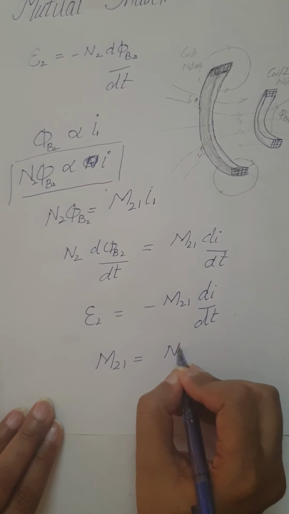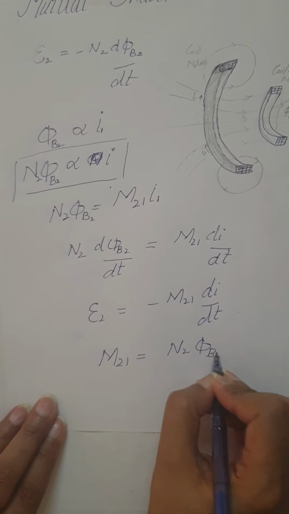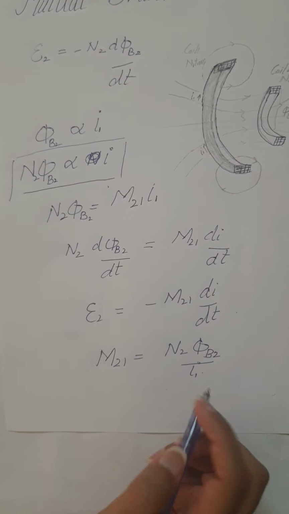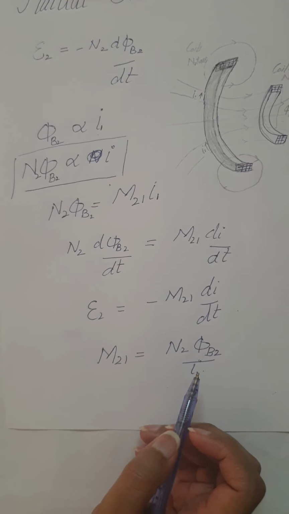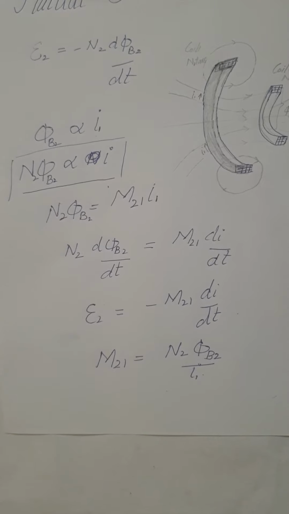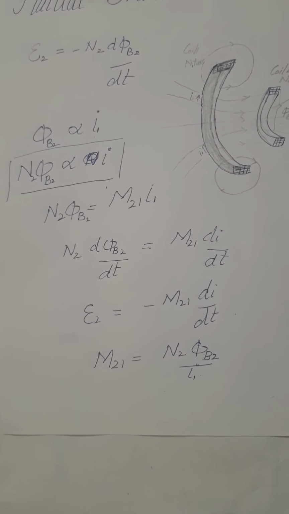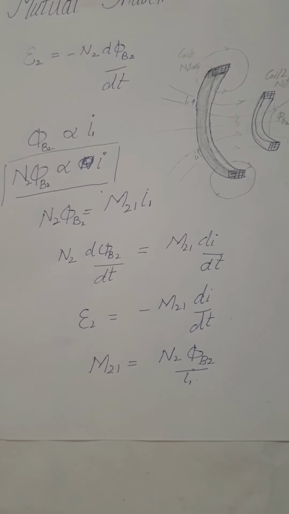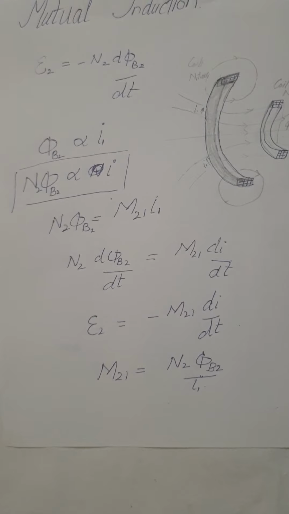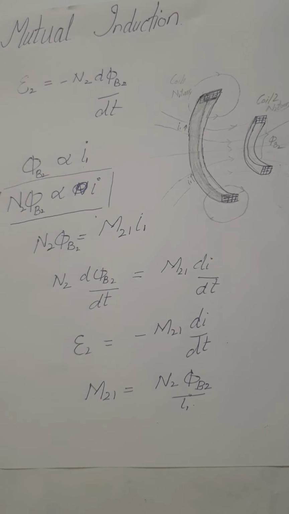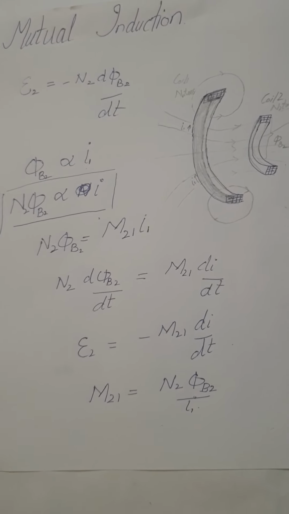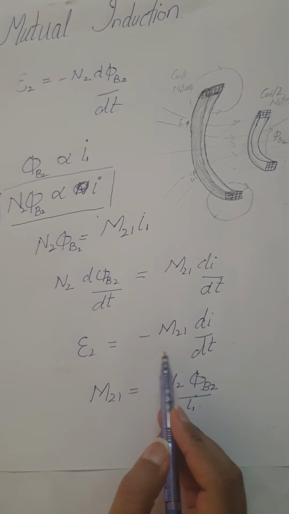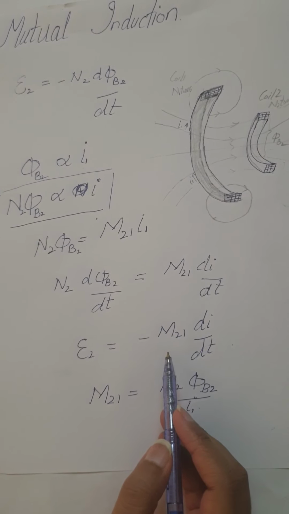M21 is equal to N2 phi B2 over I1. If the coils are in vacuum, then the flux through coil 2 is directly proportional to the current I1, and the mutual inductance is a constant that depends on the geometry of the two coils: the shape, size, number of turns and orientation of each coil and the separation between the coils. If a magnetic material is present, then M21 also depends on the magnetic properties of the material.